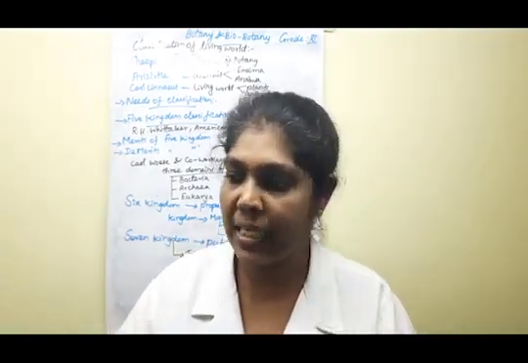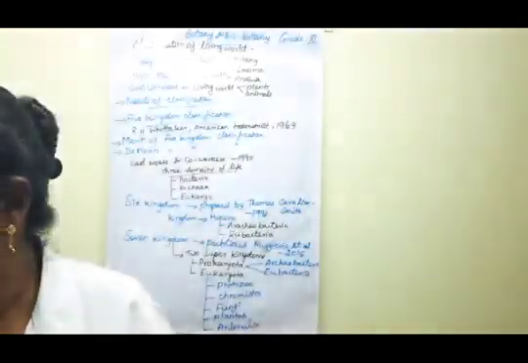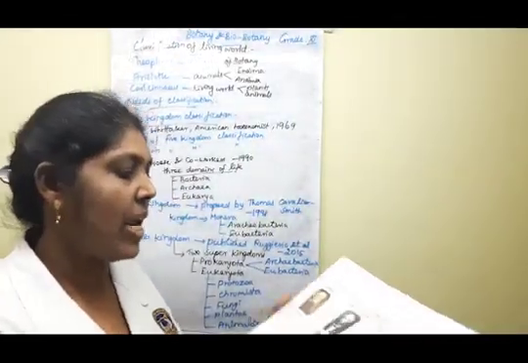Clear, children? Say yes or no. Yes, very good. The two kingdom system of classification was proposed by Carl Linnaeus.